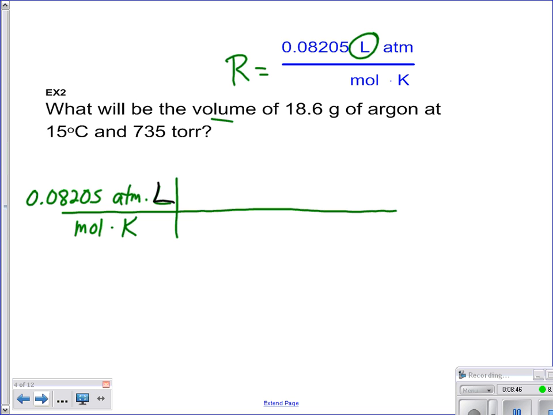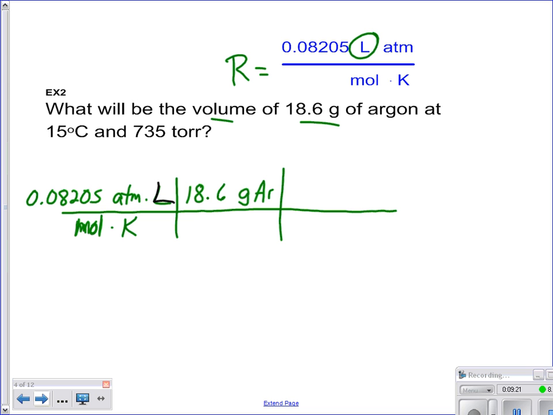So here we go. We have 18.6 grams of argon. Ooh, grams is not going to cancel out. Grams, what might we be able to get that to cancel out with eventually? Moles. Good. So that's an amount, just like moles is an amount. So if I've got moles on the bottom here, I want to cancel it out with the stuff on the top, right? It's obviously not canceling out yet, but let's get it to cancel out. We know that we've got 18.6 grams of argon.